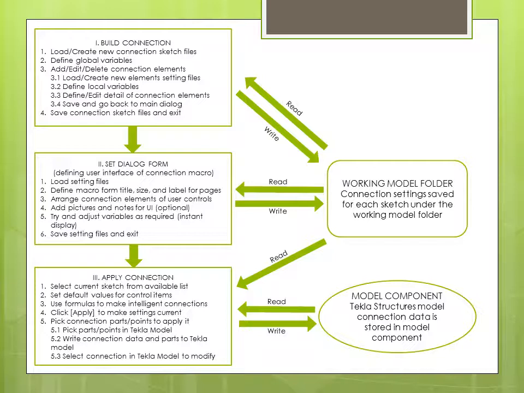We can load the setting files from the working model folder, define the user interface of the connection macro, adjust variables as required, and save the setting files in the working model folder. The third module allows the end user to apply connections in Tekla Structures. Using sketch files from the working model folder, we could set values for control items, use formulas to make intelligent connections, and apply the current settings to the desired connection parts or points in the Tekla model.